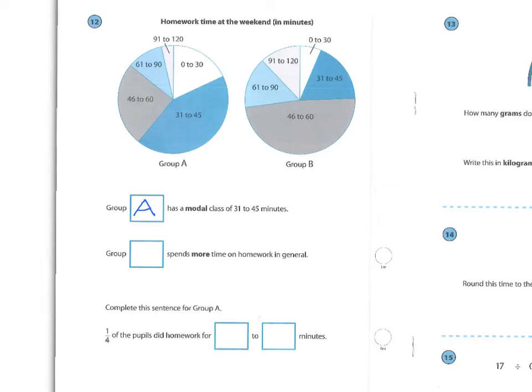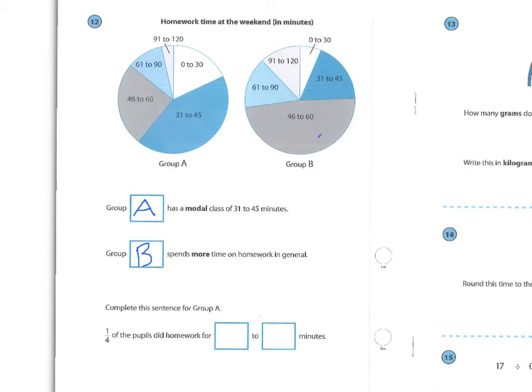Now, which group spends more time on homework in general? Now, if we take a look at Group B's pie chart, each one of the high time sectors is in fact bigger. For example, if you look at the 46 to 60 sector, it's almost half the pie chart, whereas it's only a quarter of the pie chart in the Group A sector. The 61 to 90 minute sector is in fact bigger for Group B, and so on.